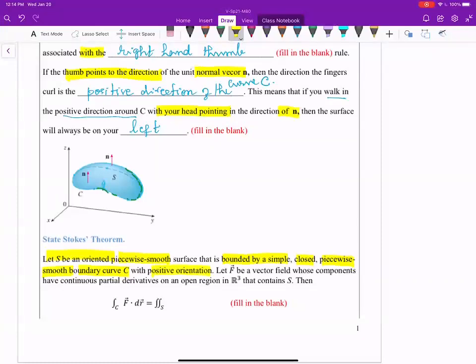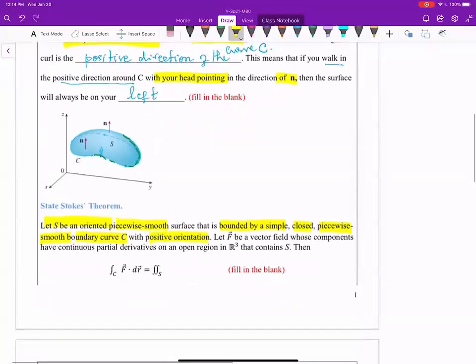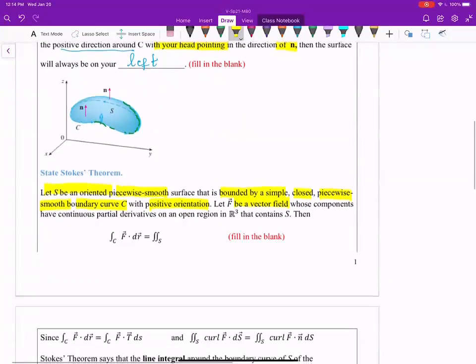Let F be a vector field whose components have continuous partial derivatives on an open region in R3 that contains S. Then the integral over C, or integral over the boundary, F dot dr, is the double integral over S of curl F dot dS, vector.